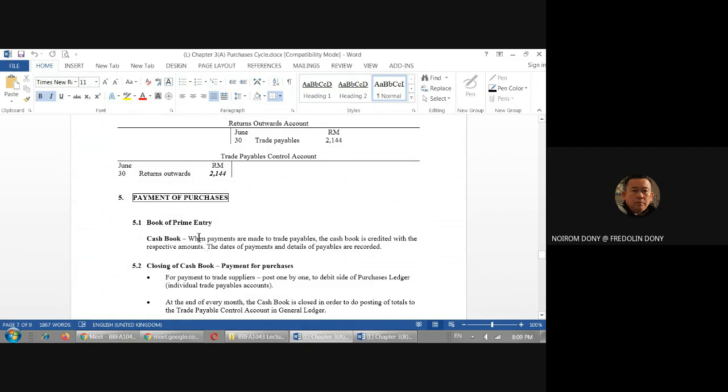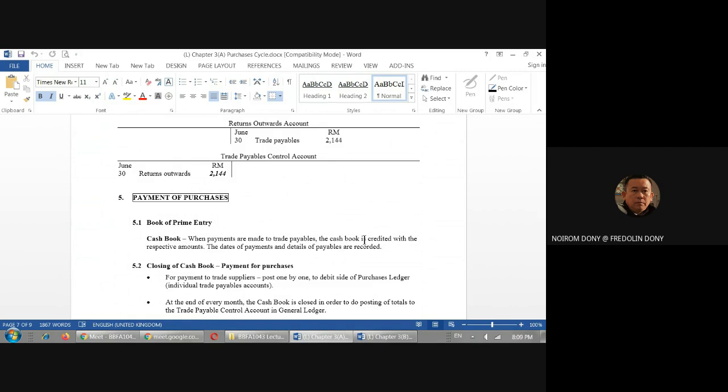So what is the book of prime entry whenever we make a payment? Again, this is cash payment or check payment, so it must be the cash book as the prime entry. So when payment is made to trade payable, the cash book is credited, because the cash book consists of cash account and bank account.